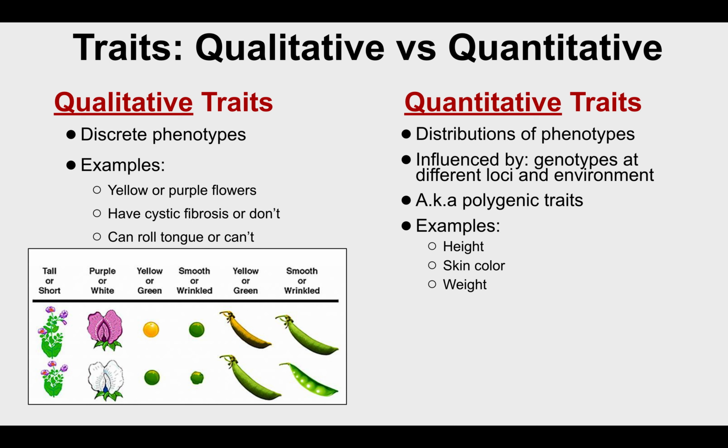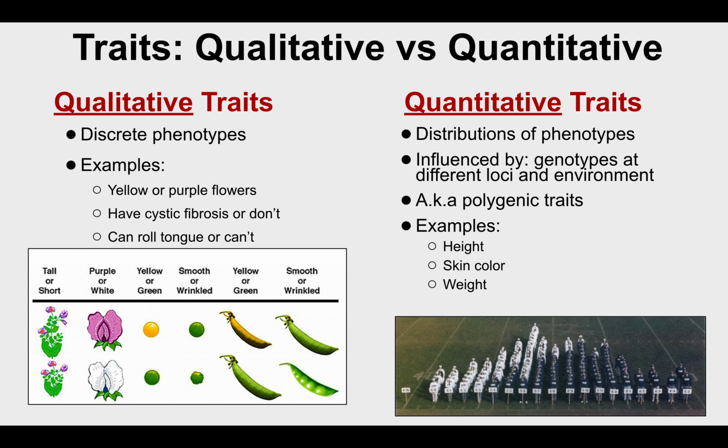A distribution of phenotypes would be quantitative. Good examples are height, skin color, weight, but also that red corn example we have. That would be a good example of these quantitative traits, which people tend to be less familiar with because they're more complicated. They're harder to understand.